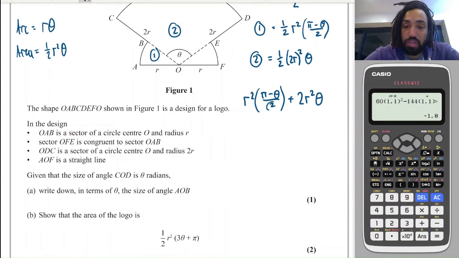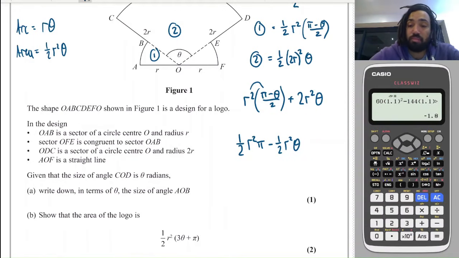So that 2 there is essentially a half, so that could come out to the front, and then we've got r squared times pi, and then we've got minus r squared times theta, and then we've got plus 2r squared theta.